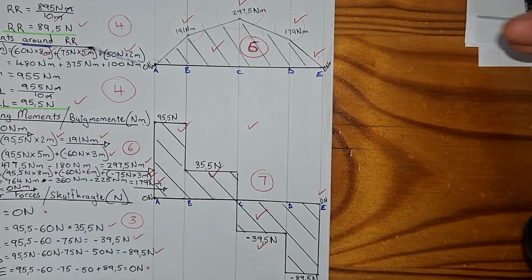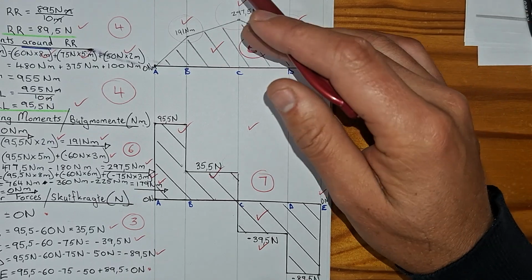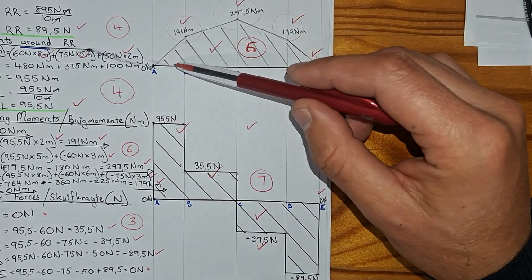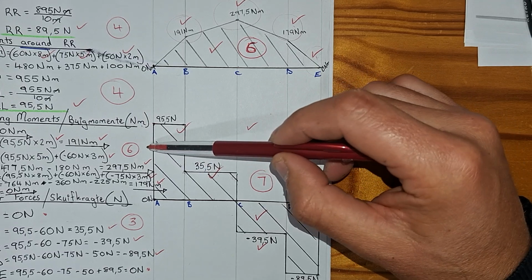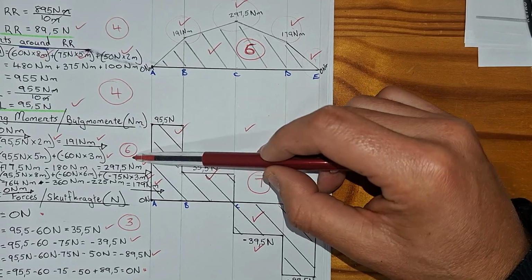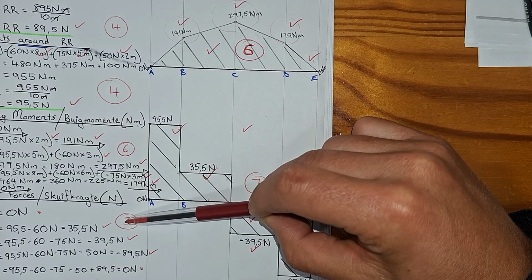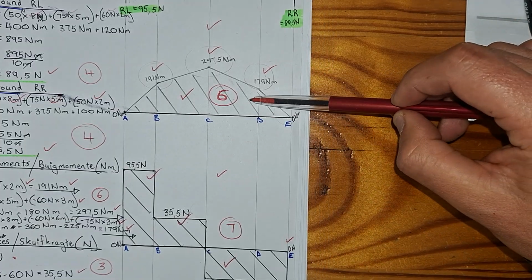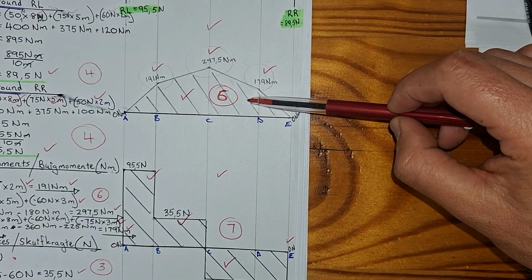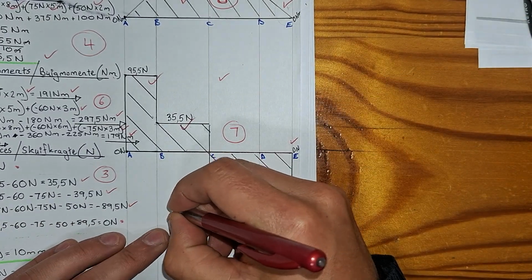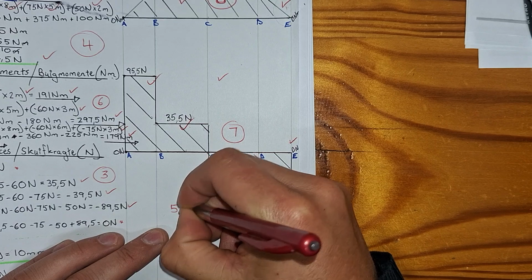Okay, so if we add all of these marks, the 4 for the 8 for the reaction left, reaction right, plus the 6 for the bending moments, plus the 3 for the shear forces, plus the 6 for the bending moment diagram, plus the 7 for the shear force diagram, this can actually count a total of 57 marks.